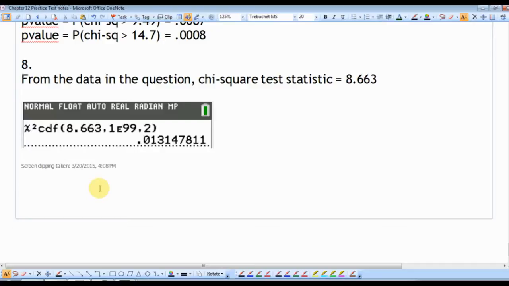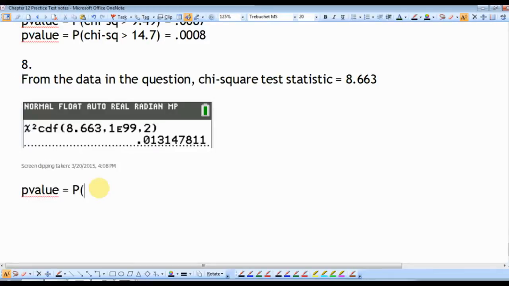So the p-value is going to be equal to the probability that chi-square is greater than 8.663, which is equal to 0.0131. That's all of it. And it's always going to be greater, right?